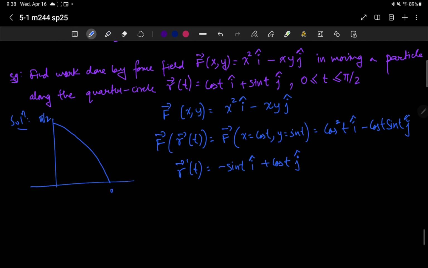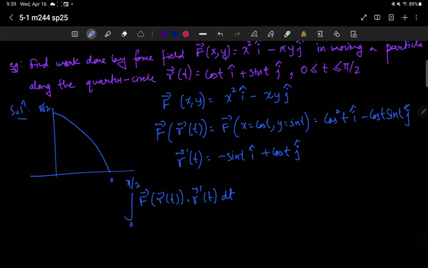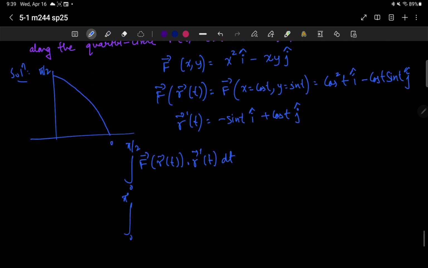So what is the work done? The work done is going to be the integral from 0 to pi over 2 of F written in the parametric form and dotted with the derivative, dt. Both of these are vectors: cosine squared t i cap minus cosine t sine t j cap dotted with negative sine t i cap plus cosine t j cap, dt.